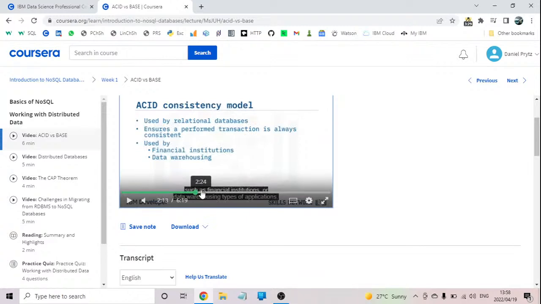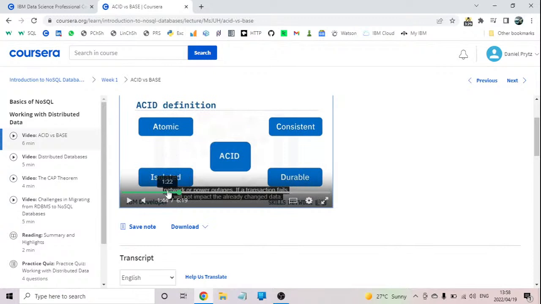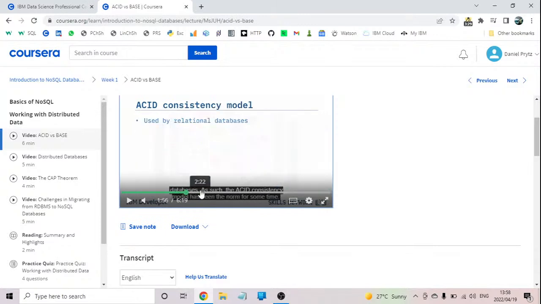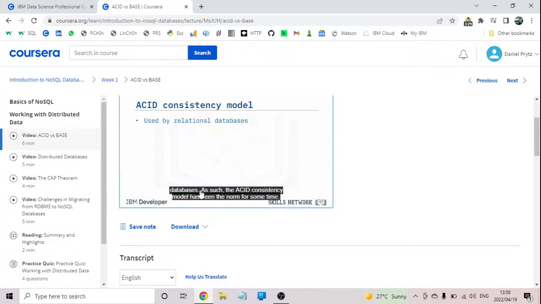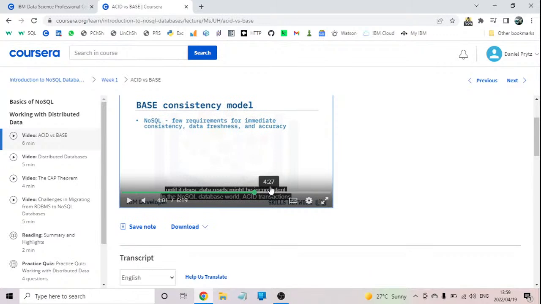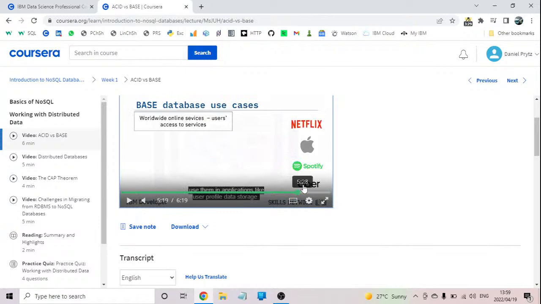So this is what it stands for. I think this is where they show atomic, consistent. They put BASE as well. Where's BASE? Then they give us some ideas. Okay, question 1, define what ACID and BASE stand for. Wait, there are more use cases?